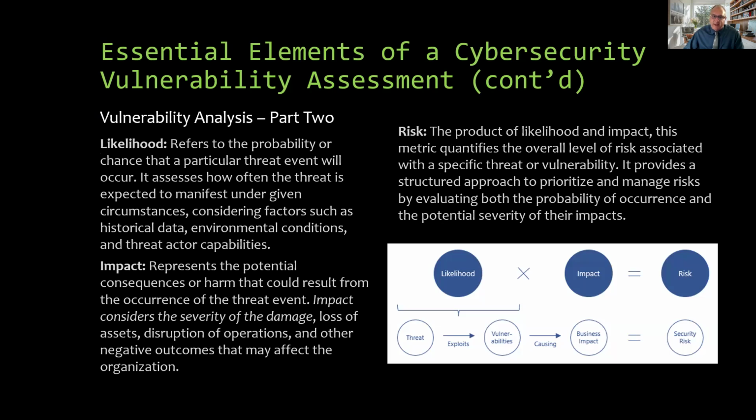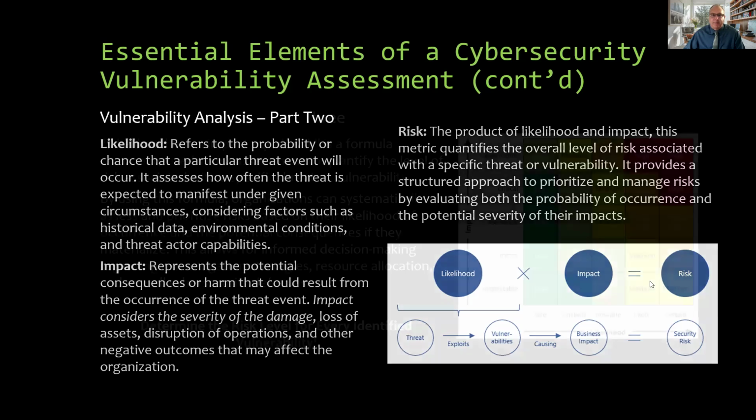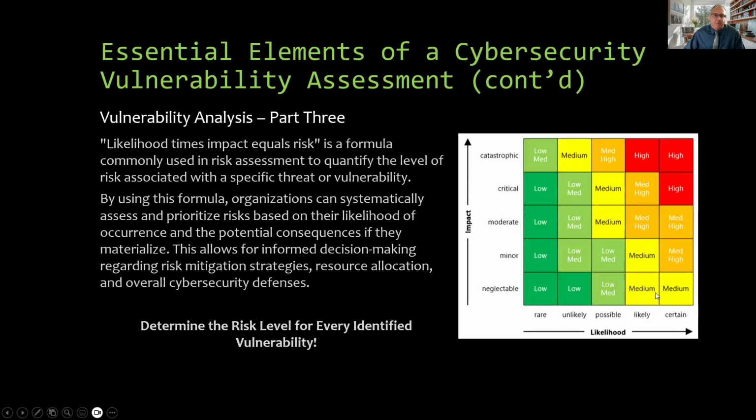How likely is that to happen? And if it is exploited, what would be the business impact? So this is a process of analyzing all of your vulnerabilities and determining what the risk level is if they are exploited. So this particular formula, likelihood times impact equals risk, is something that comes out of the NIST cybersecurity framework.